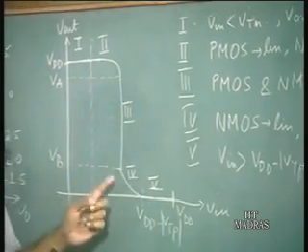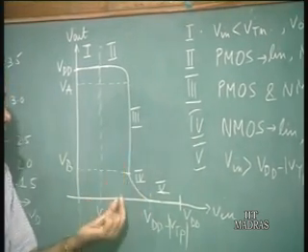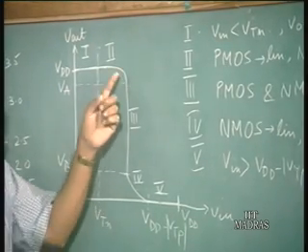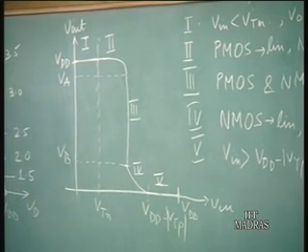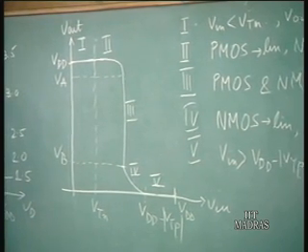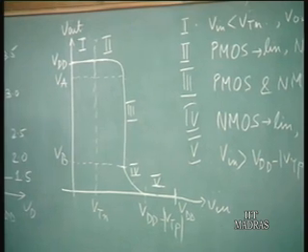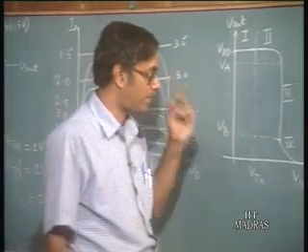In between, very close to the midpoint of 0 to VDD, there is a sharp drop in the output voltage from very close to VDD to 0. So there is a very high gain region of this inverter. This is the characteristic of a CMOS inverter, and we see that it is very close to the ideal input-output characteristics of an inverter.